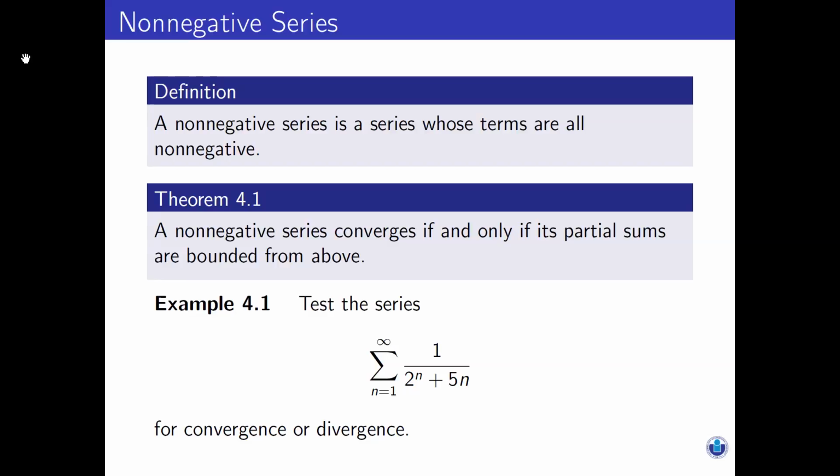So for this series, you can compare this with a series that you know. I'm surprised you didn't see this. So S_n here is bounded by, so this is our S_n, right?